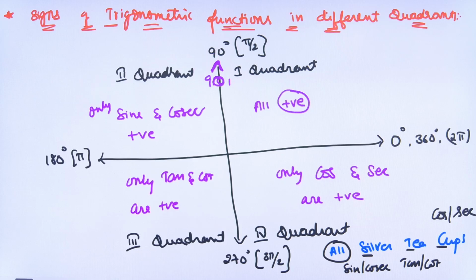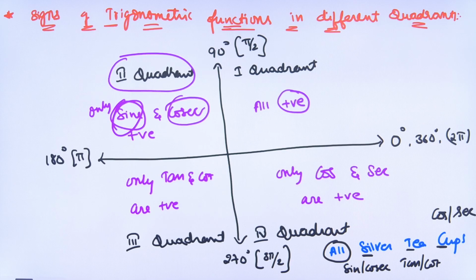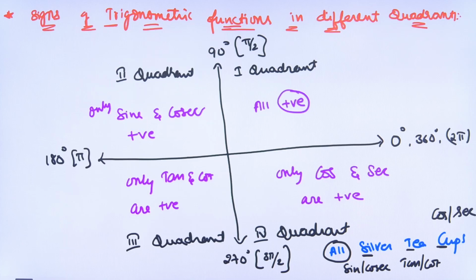If you cross 90, that means we are in the second quadrant. In the second quadrant, sine is positive and cosecant is positive. Remaining all will be negative, right? So sine will remain positive and cos will be negative in the second quadrant. So whenever 90 plus theta comes, sine will remain positive, cos will become negative.